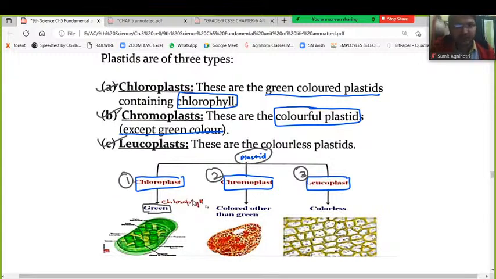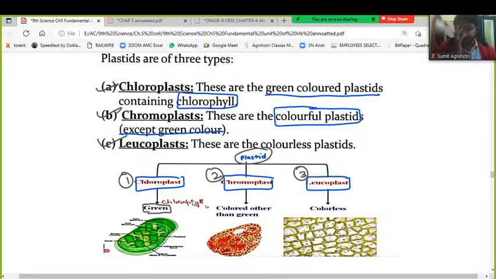And chromoplast is something that has color other than green. These are colorful plastids. Chloroplast is a green colored plastid. Chromoplast is a colored plastid, and the color is other than green. And leucoplast is a colorless plastid.